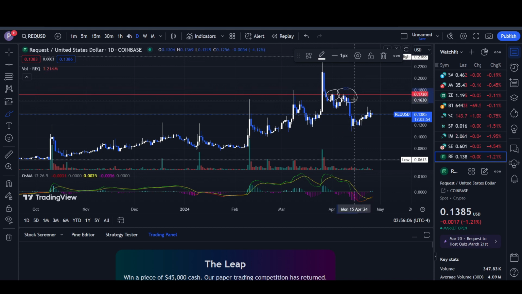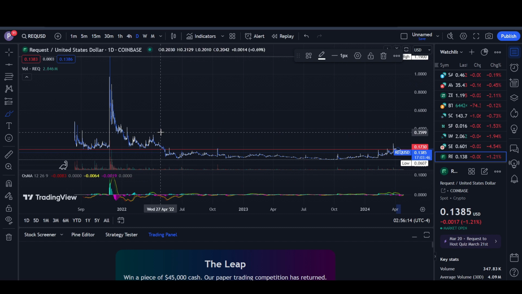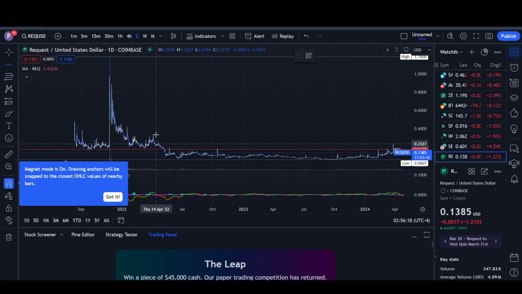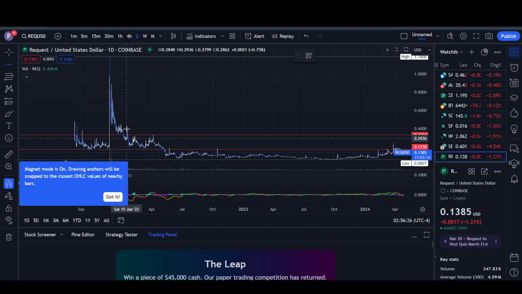So if we do break and hold this resistance, I think we could actually go up, potentially hitting around 33 cents. If we do break this resistance and hold it in the daily chart, I think we could be heading towards 33 cents or even higher. Let me draw it.